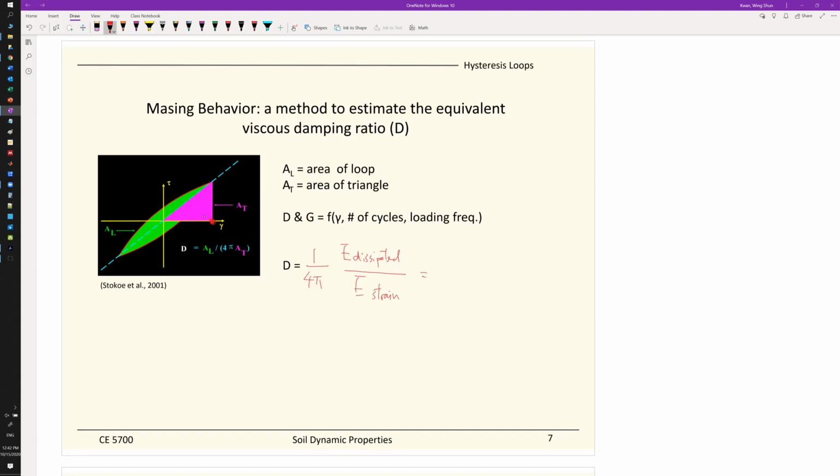Which means the dissipated energy is the area of the loop, divided by the strain energy, which corresponds to the largest strain there, which is the area of the triangle.